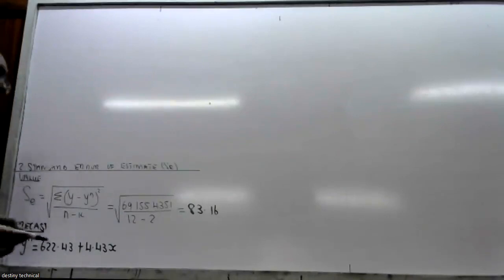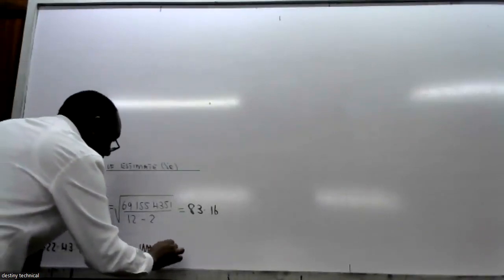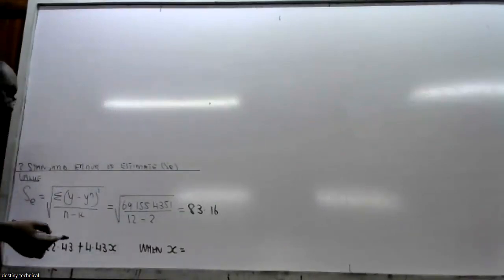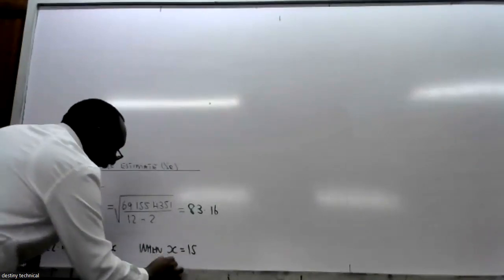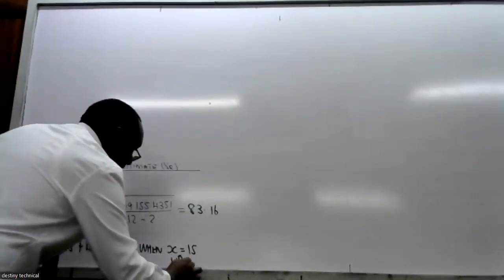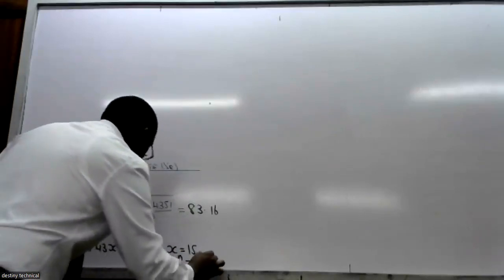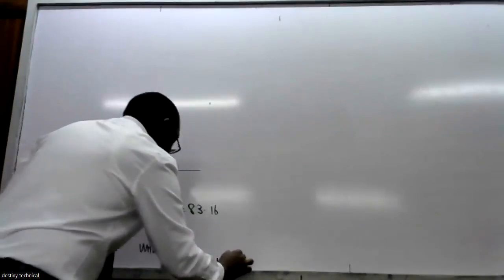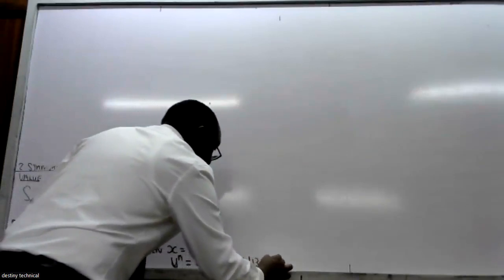Give me an arbitrary figure, so that we say when X is how many hours. 15. So when X is 15, Y predicted will be 622.43 plus 4.43 times 15.